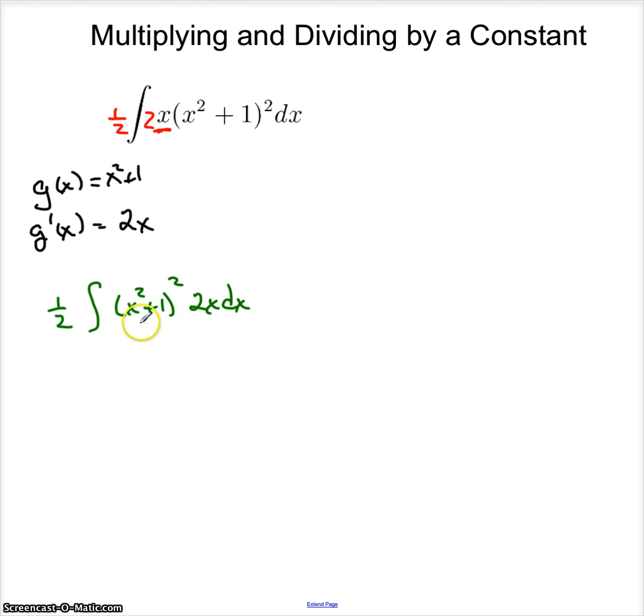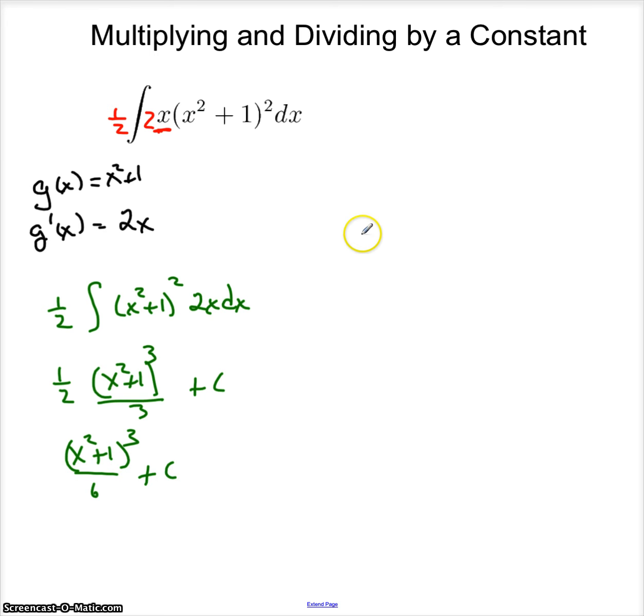Okay, so now we have g is x squared plus 1. We have dg. And this becomes 1/2 times x squared plus 1 cubed divided by 3 plus constant. So what is this? This is x squared plus 1 cubed divided by 6. Now I'm going to check this, make sure this is right.